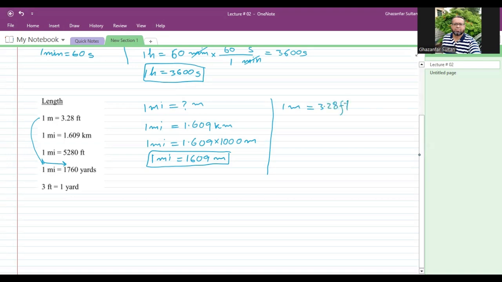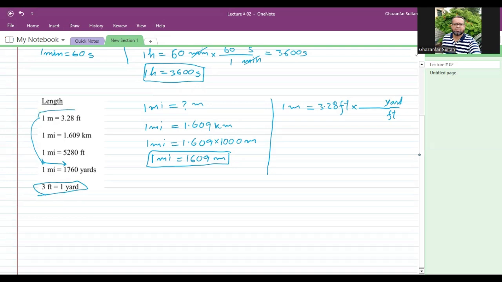Now you have to convert this feet into yard. So is there any relationship between feet and yard? Yes, there is a relationship between feet and yard.